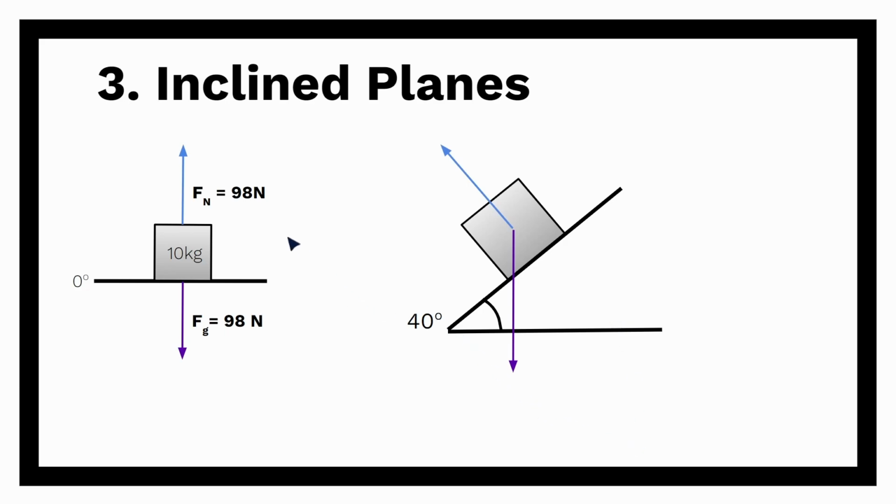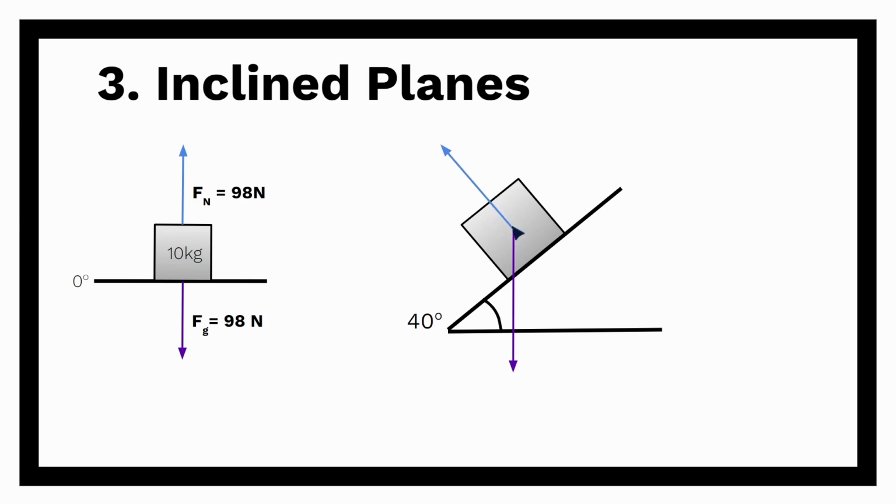And again, what I was just saying was the normal force is perpendicular to the surface, because in math, normal means perpendicular. So anytime you see a normal force or a normal line, you'll always start to think perpendicular. In this case, perpendicular is straight up. In this case, perpendicular is 40 degrees this way.